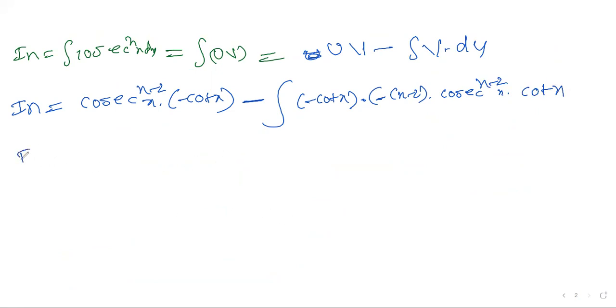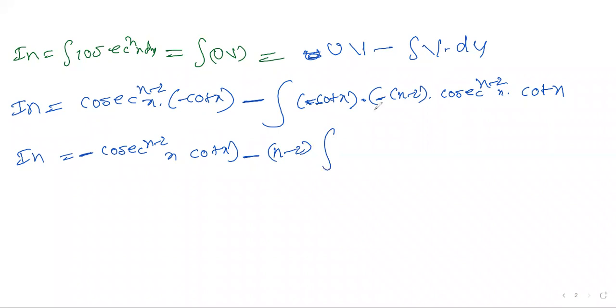Now the next step: In is equal to minus cosecant power n minus 2 x into cot x. Then minus into minus gives plus, so automatically here it should be minus only. n minus 2 is common and is a constant, so I shall take it out.